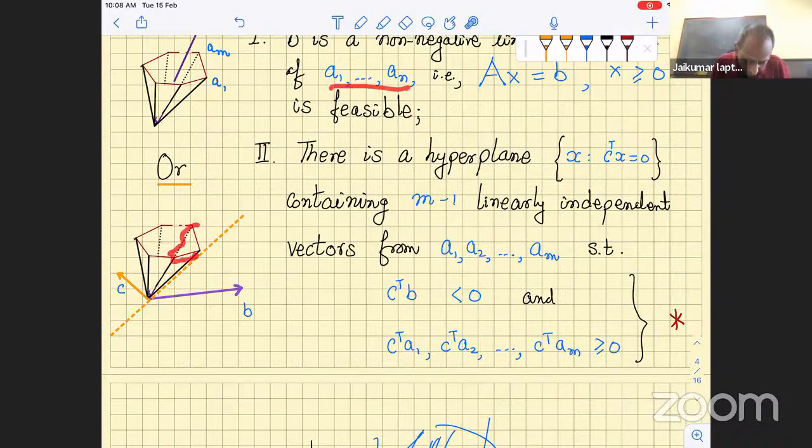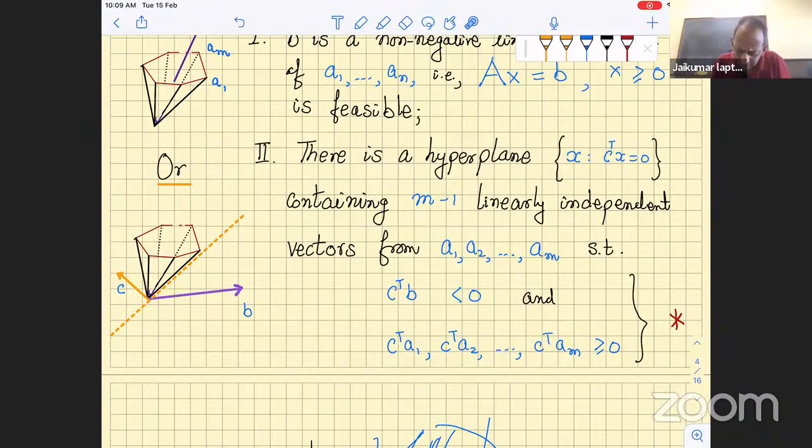You can get some M minus one of them so that this hyperplane actually passes through them. And these are linearly independent. So in effect, this hyperplane is an M minus one dimensional space because we are in an M dimensional space. And this hyperplane is actually being spanned by some M minus one of those vectors.